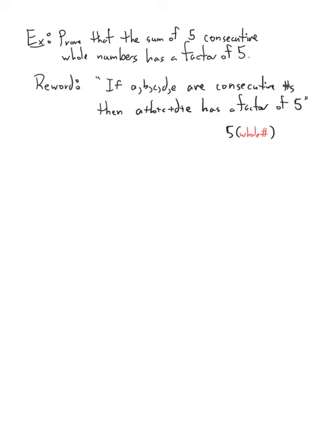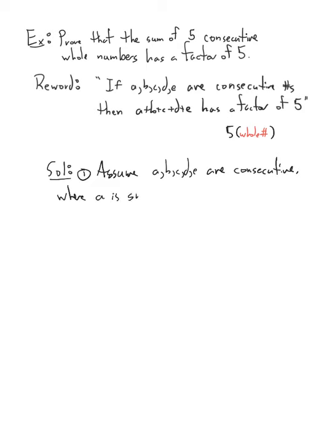All right, so let's do this. So we want to do the first part. We want to assume that the if part is true. So assume that A, B, C, D, and E are consecutive. And let's say A is the smallest. And it doesn't really matter which one we pick to be the smallest, but let's just do it in alphabetical order, where A is the smallest.